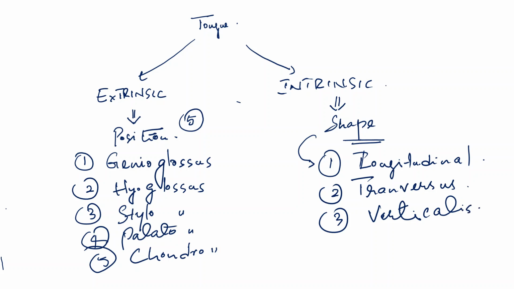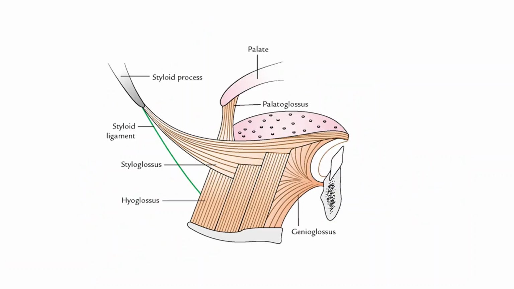Firstly, we will study in detail the extrinsic group of muscles. Among the 5 extrinsic muscles, as I have already told, they mainly maintain the position of the tongue. First, the genioglossus muscle. This is the diagrammatic view showing all the extrinsic muscles.